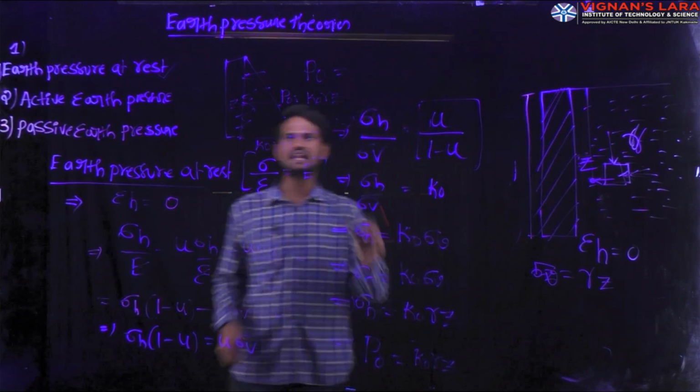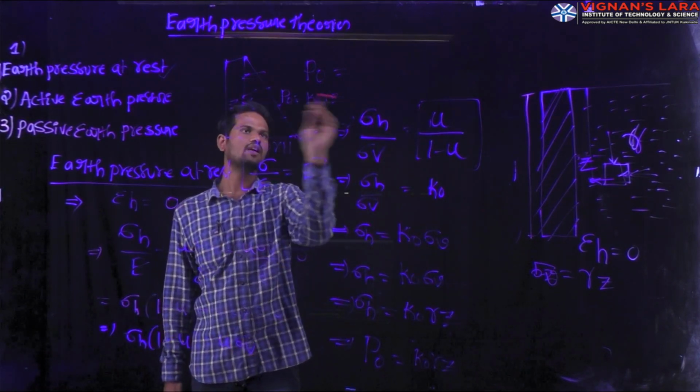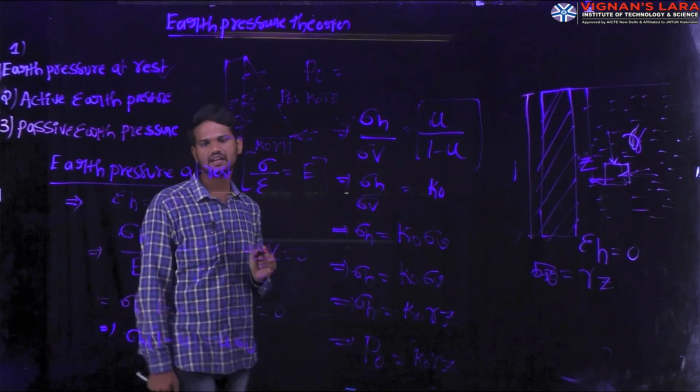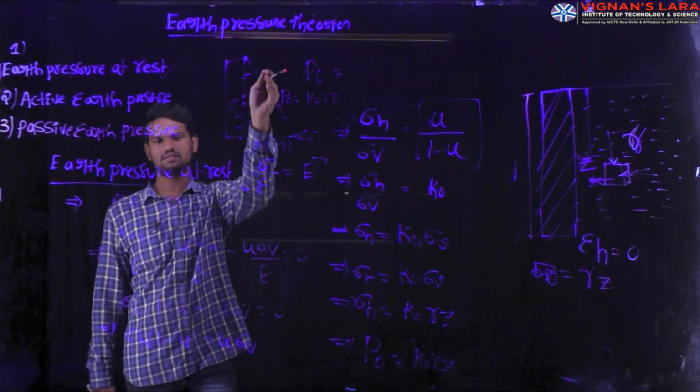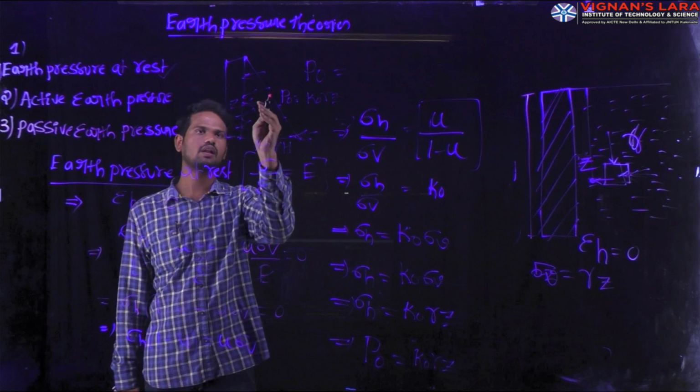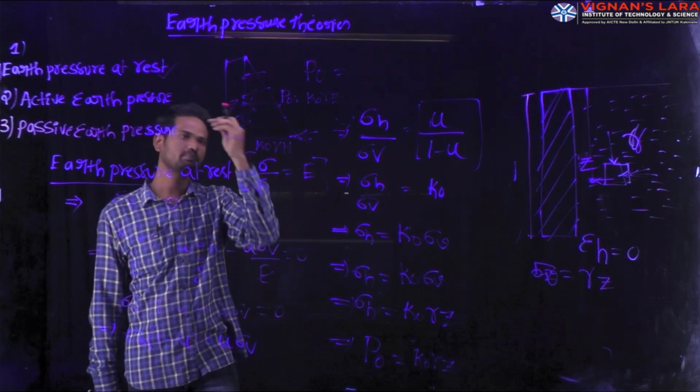To calculate the total horizontal pressure, it is nothing but the area of this triangle. What is the area of the triangle? Area of the triangle equals half into base into height.